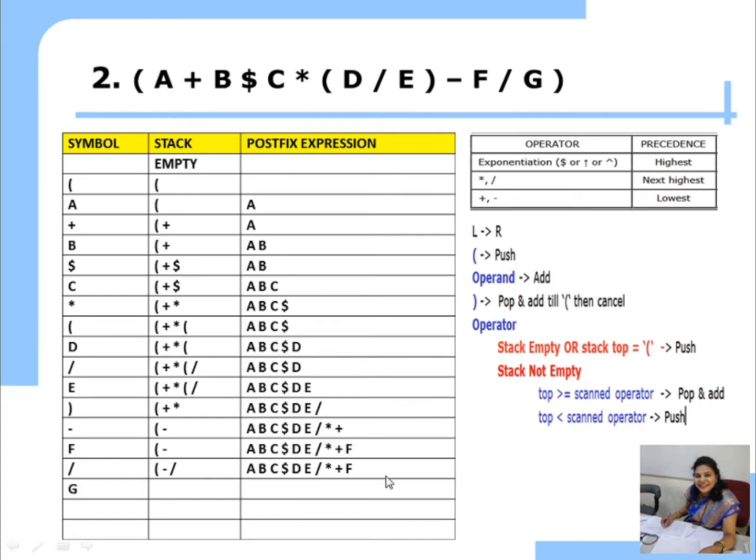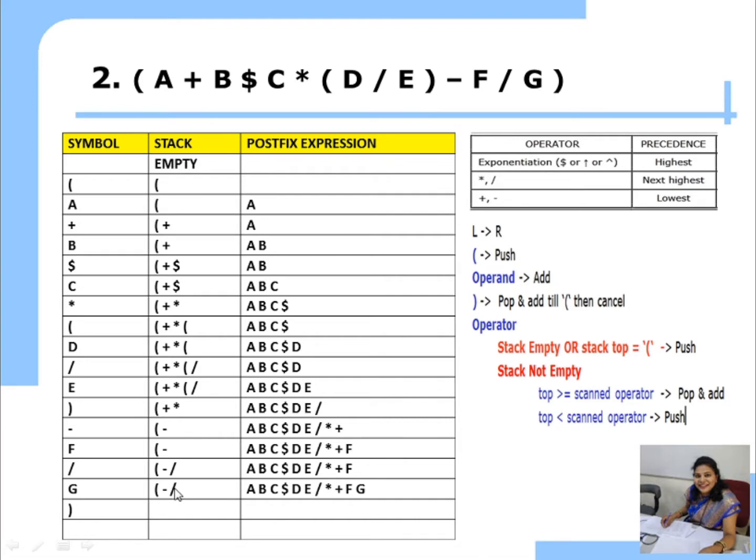Next is G. G is the operand, so simply add it to the postfix string. There will be no change in the stack. After that there is a right parenthesis. Whenever you encounter a right parenthesis, you delete the right parenthesis and its matching left parenthesis. How? By first popping all the operators present on the stack after the matching left parenthesis.